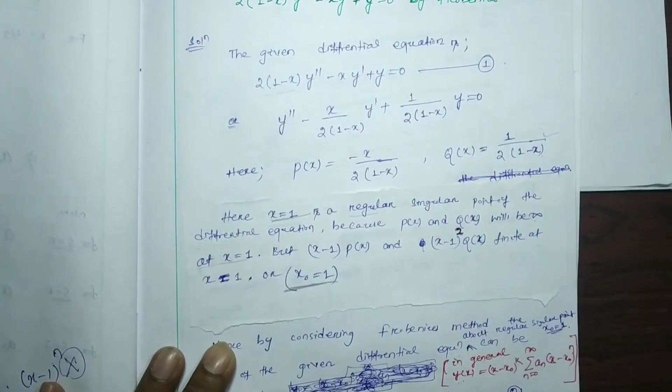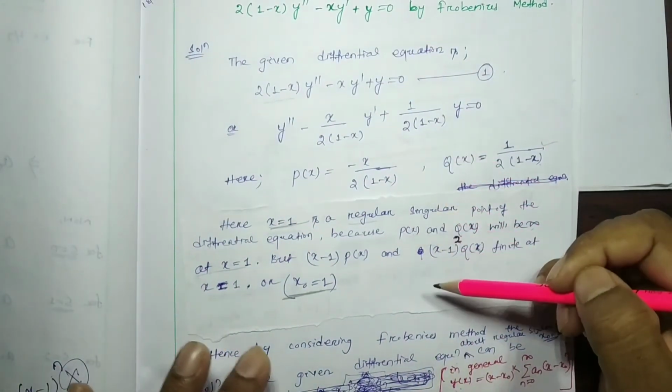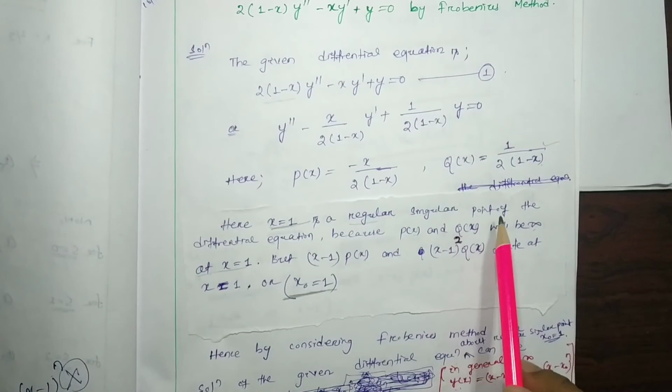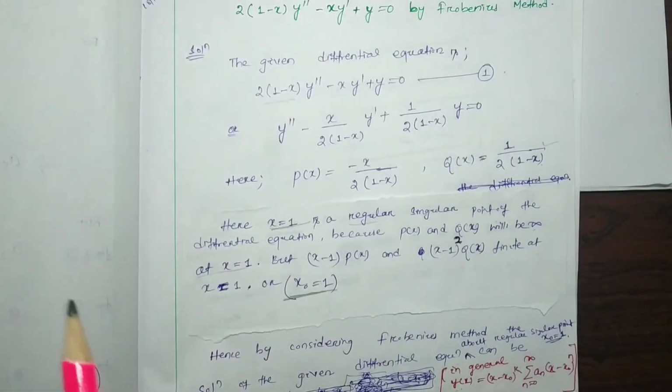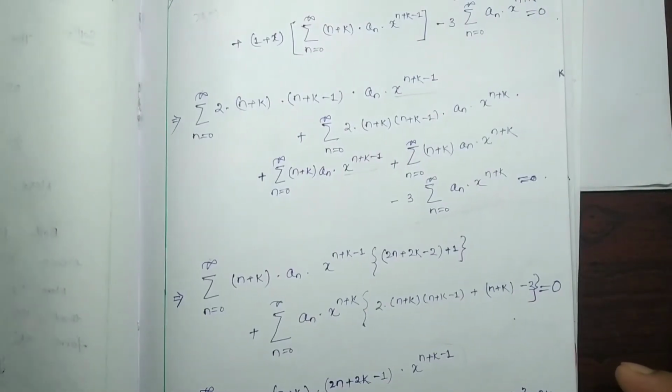And here one thing I am going to share with you, that this question is quite different from the last questions whatever we did. Here the regular singular point is 1, and in the last questions whatever we did, the regular singular point in all the questions is 0.